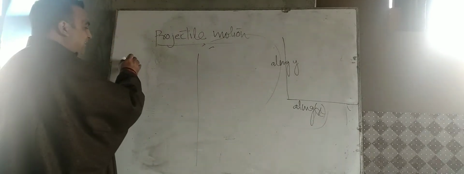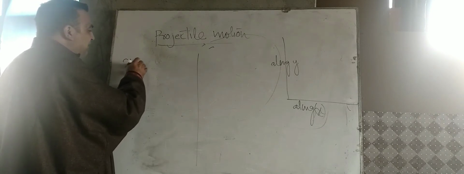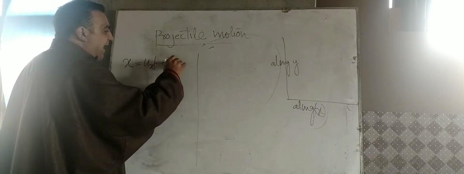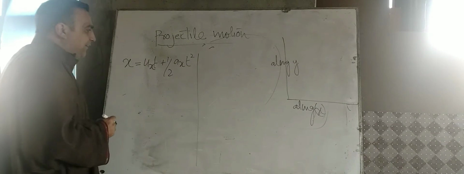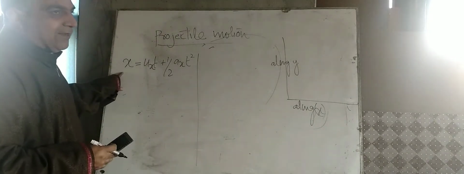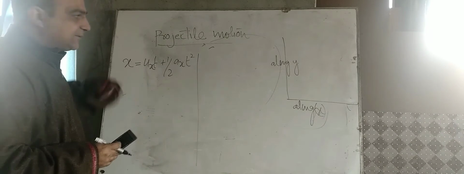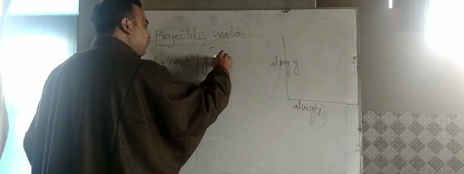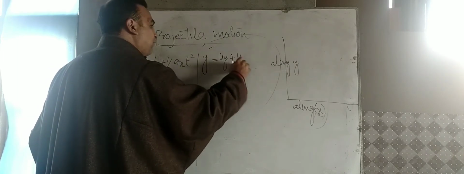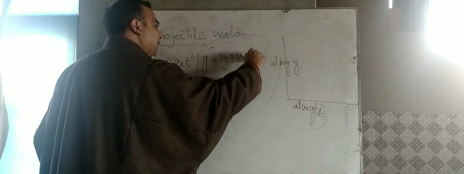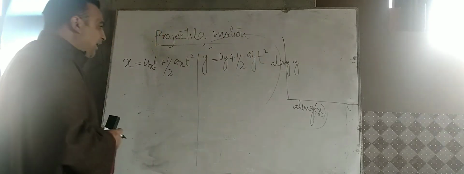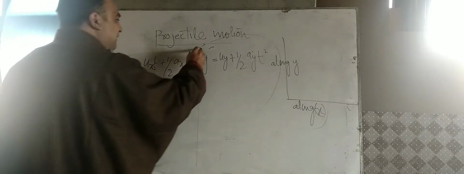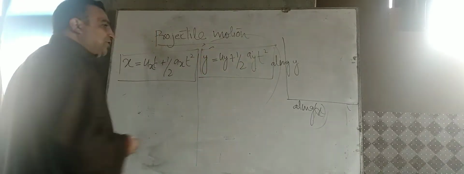That means if I have to write the equation of displacement, x is equal to uxt plus 1/2 axt squared. This will be the displacement of the particle or a body along the x-axis. Now the displacement along y will be uyt plus 1/2 ayt squared. Now you see, these two equations are both equations of displacement.